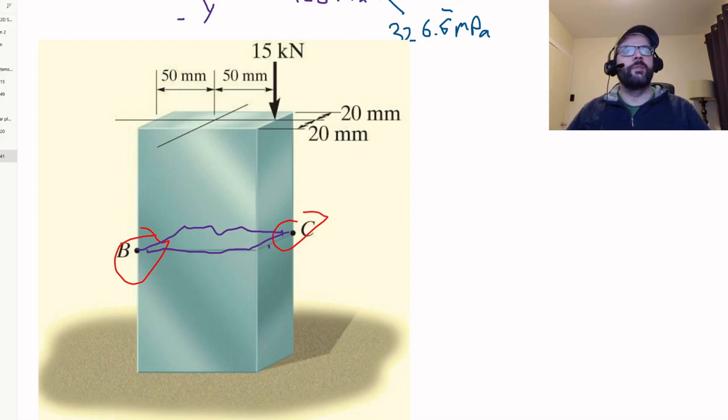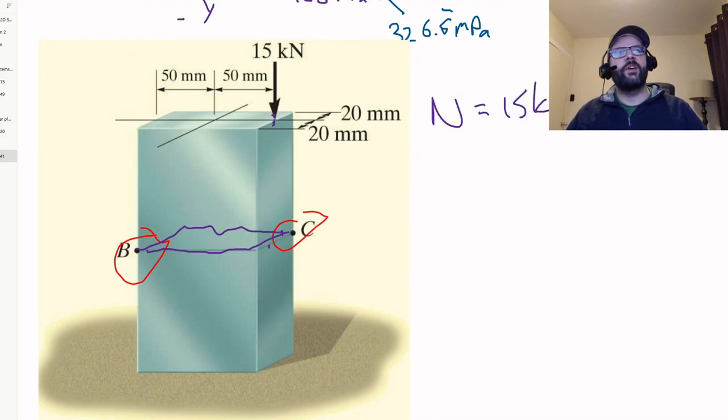And you're also going to have some sort of bending moment, because again, it's not applied at the centroid, it's applied 50 millimeters off from the centroid.